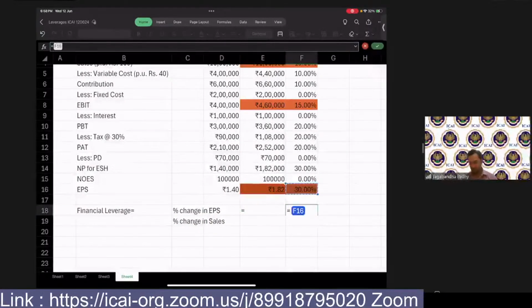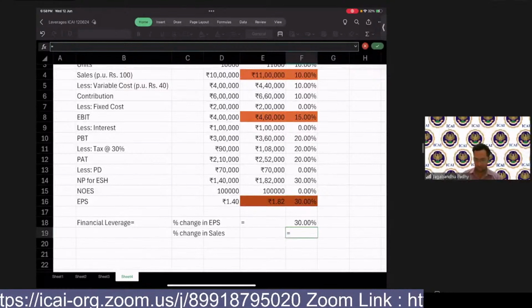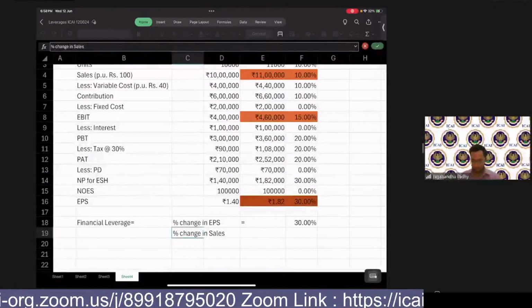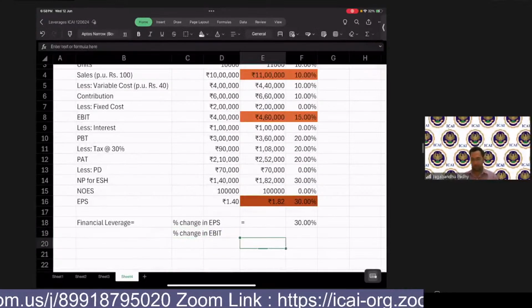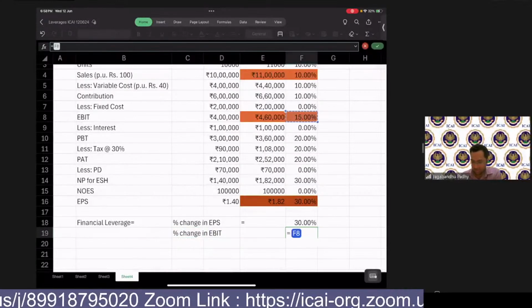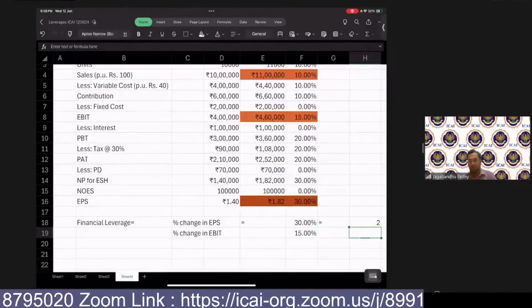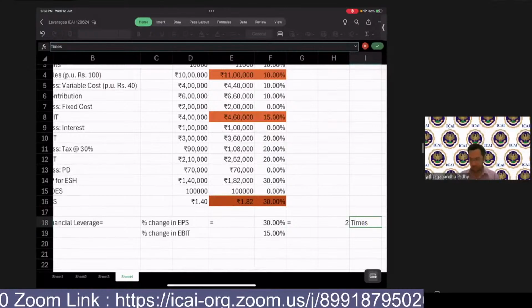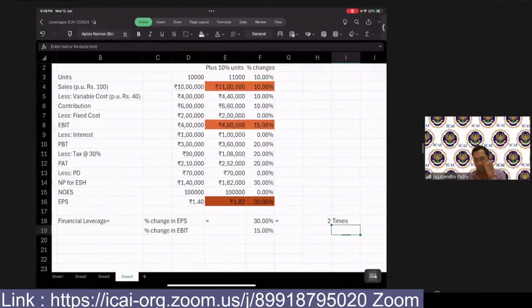Percentage change in EPS is 30, and percentage change in EBIT is 15%. Take the division. We cannot apply that shortcut formula over here. But we have a shortcut formula for this.